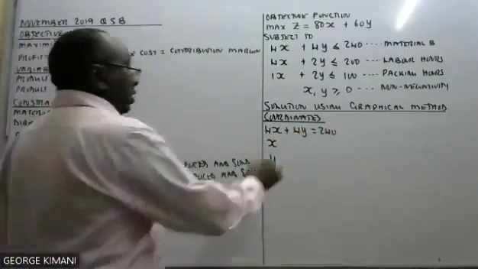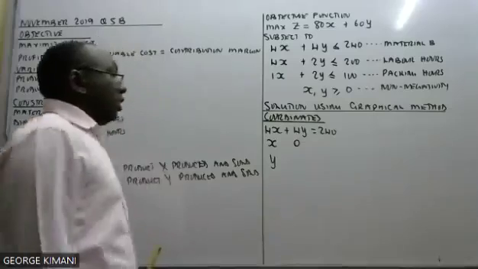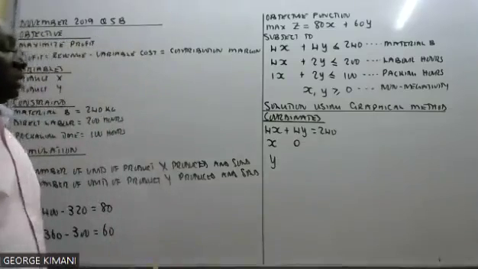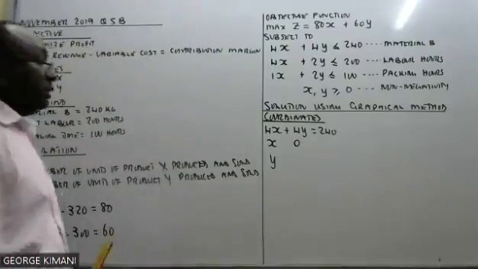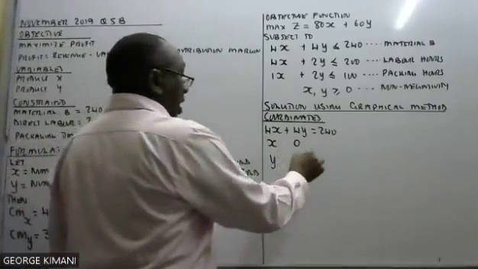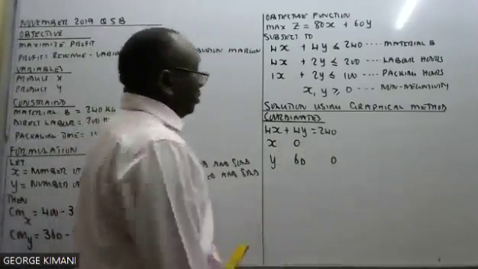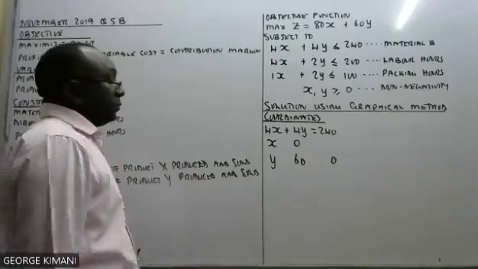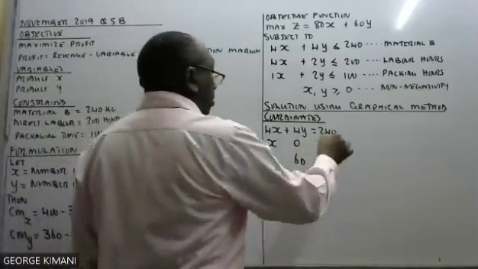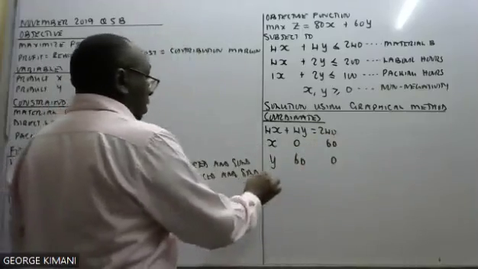So when x is 0, in that equation, y will be what? 60. And when y is 0, x will be 60 also.